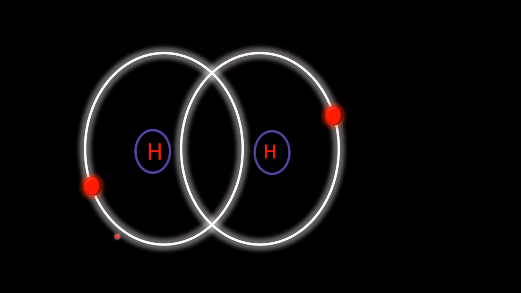For example, hydrogen has one valence electron and it needs one more valence electron to complete its shell. So we have other examples.